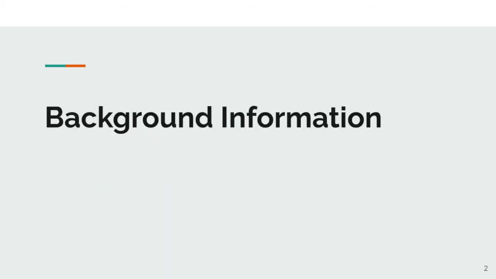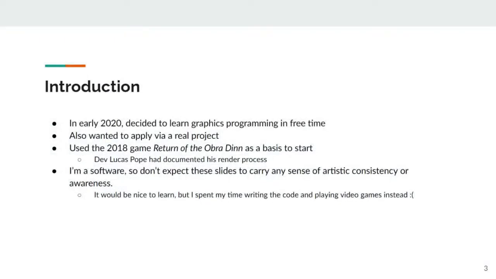So, some background info. I started this in about early 2020, right before the pandemic hit. I wanted to learn a little bit about graphics programming and use a real project to organize the learning around.